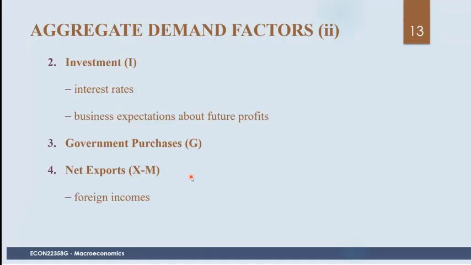One thing related to net exports is foreign income. If a trading partner's economy is booming, they're going to tend to import more. So that's how foreign incomes relate to spending, through imports. And of course, exchange rates play a role as well.